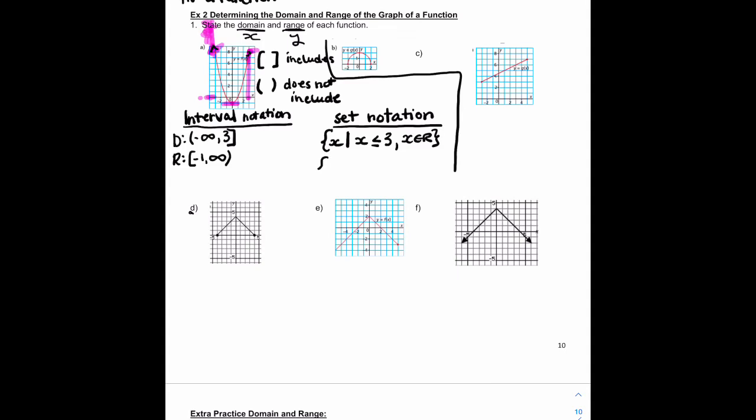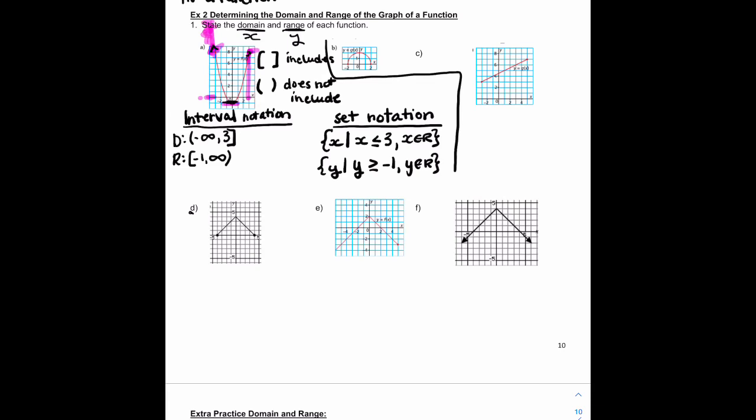The same thing happens for range: curly bracket, y such that, and then I look at what y is. If I look back at my graph, my lowest value is -1. So I say y has to be greater than or equal to -1. As long as it is that, it can be an element of the real numbers, y ∈ R.